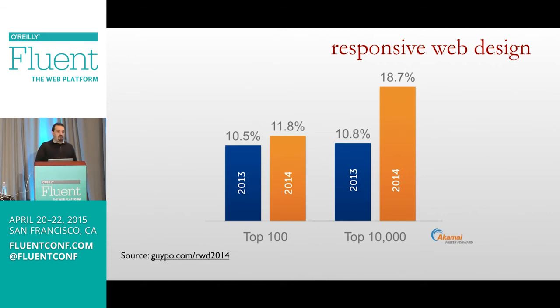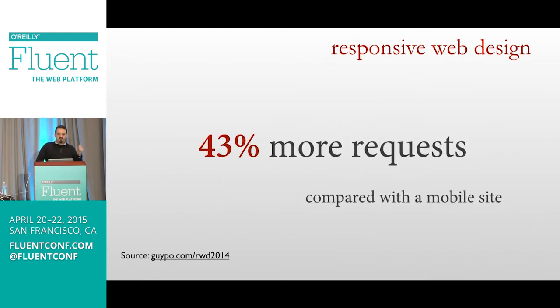The important thing is that if we compare responsive websites with classic mobile websites, the responsive website, on average, uses 43 more requests. Remember the latency? Each request has the latency.